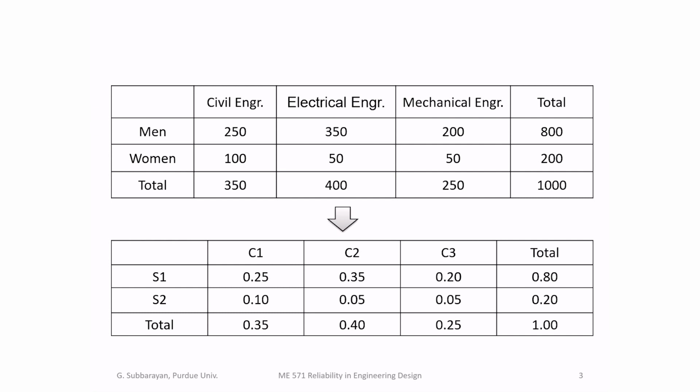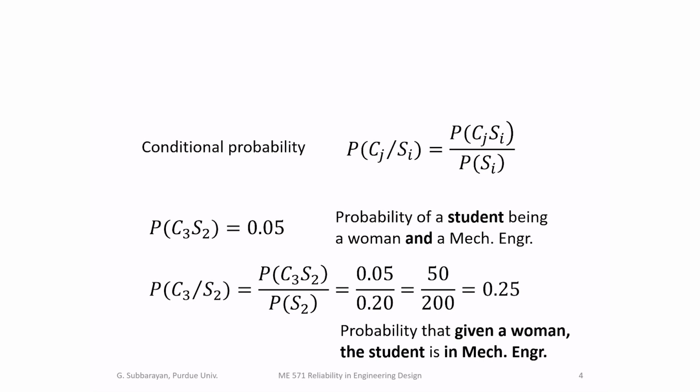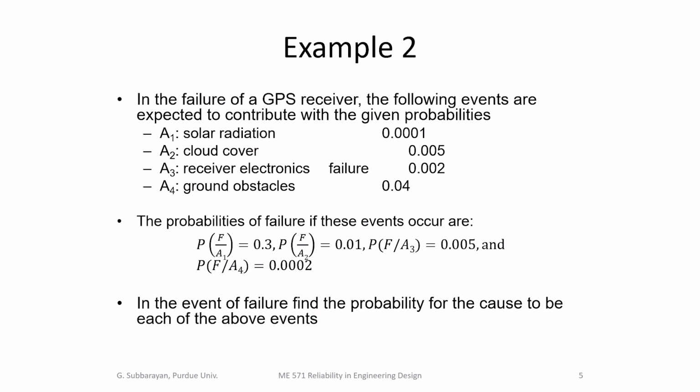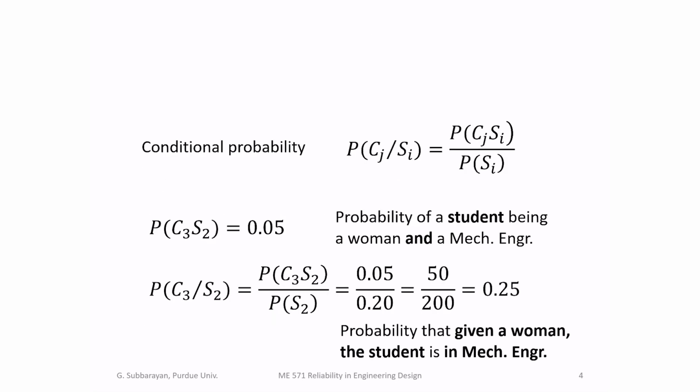Then we ask the question, what is the probabilistic description of the verbal statement? What is the probability of a student would be woman and in mechanical engineering? So woman and in mechanical engineering, we interpret that as probability of event C3 and S2.